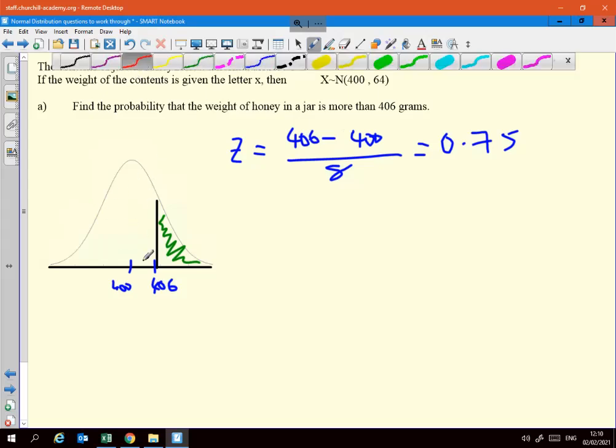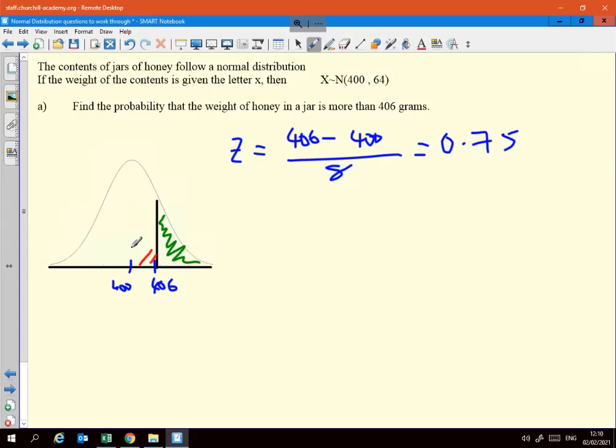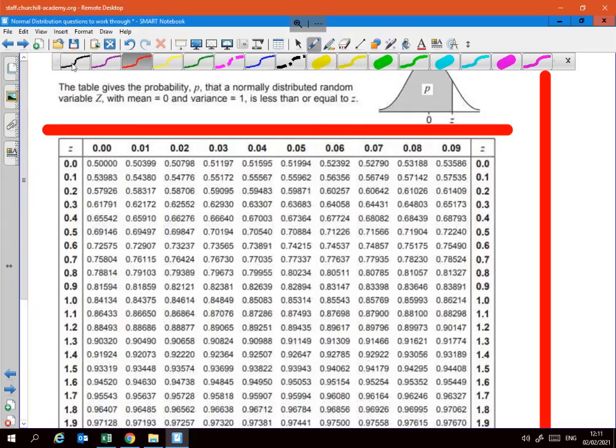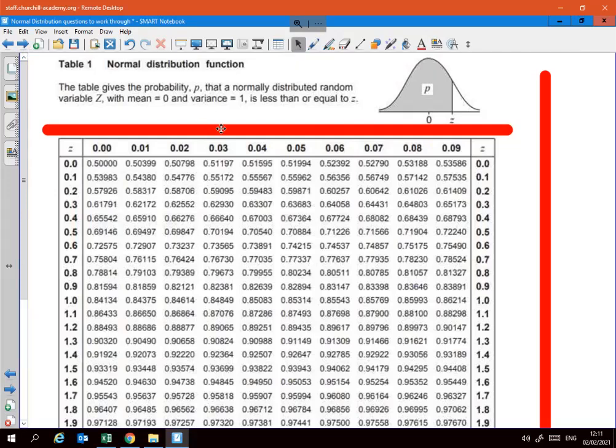So the table always gives you the bit to the left-hand side of the Z score over here. So that red bit is what I'll get from the table. So I'm just going to go and look that up. 0.75 is what I'm looking for. And the way these tables work are you get the integer part and the first decimal place on the left-hand side, or it's over here as well if that's easier.